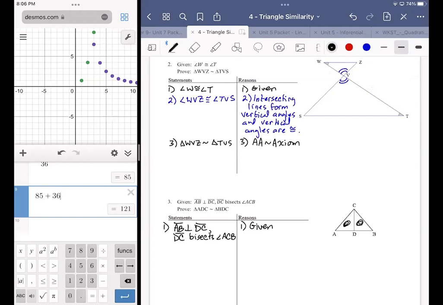So this triangle and this triangle, right? If AB is perpendicular to DC, so here's AB, here's DC, perpendicular lines form right angles, and all right angles are congruent to one another. So I can now say that angle ADC is congruent to angle BDC.